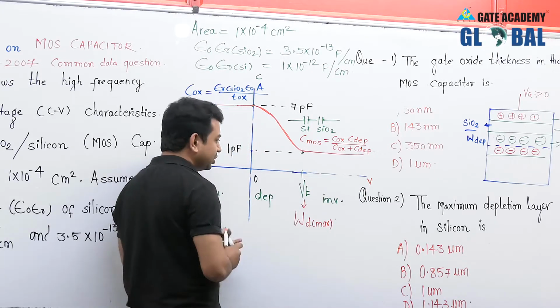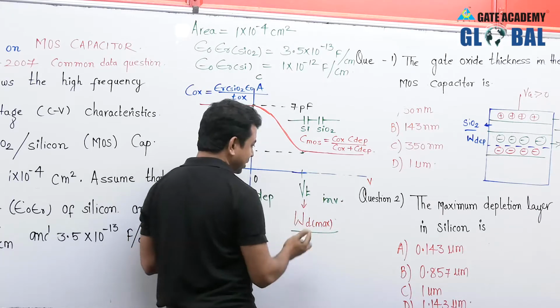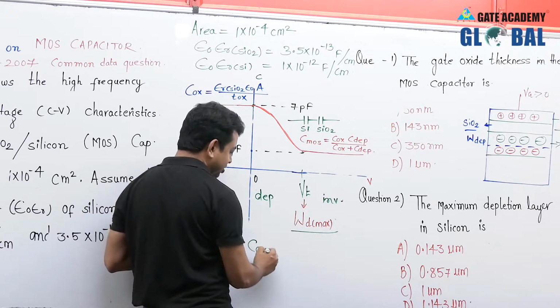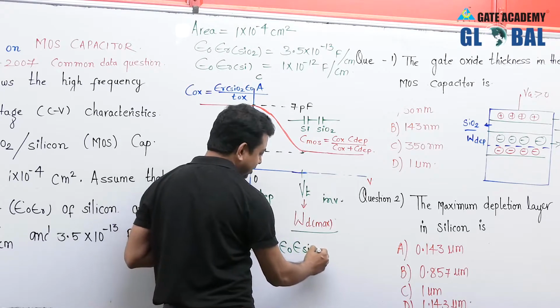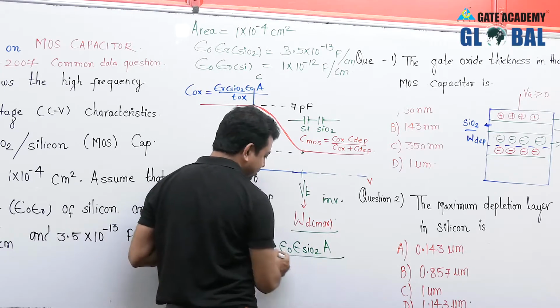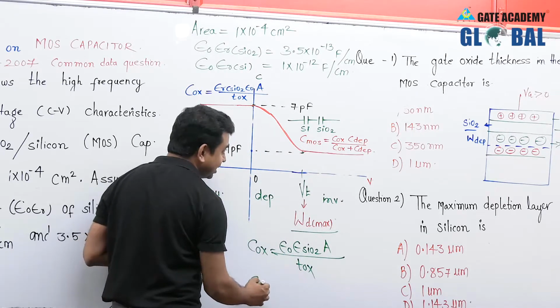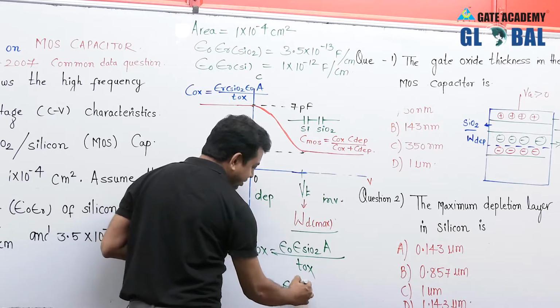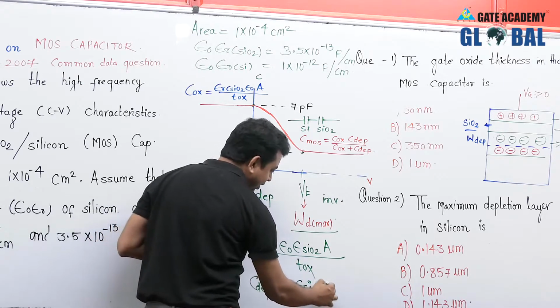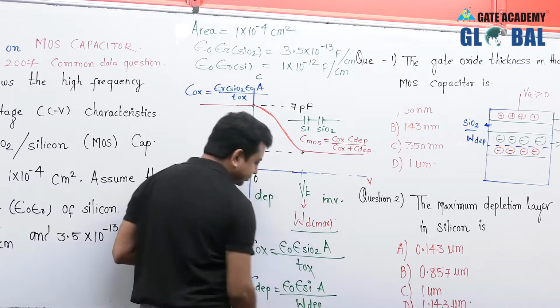We have understood that at this particular point, the depletion region will be at its maximum value. So C ox is equal to epsilon naught, epsilon of silicon dioxide, into area of cross section divided by Tox. But what is C depletion? This is epsilon naught, epsilon of silicon into area of cross section divided by W depletion.